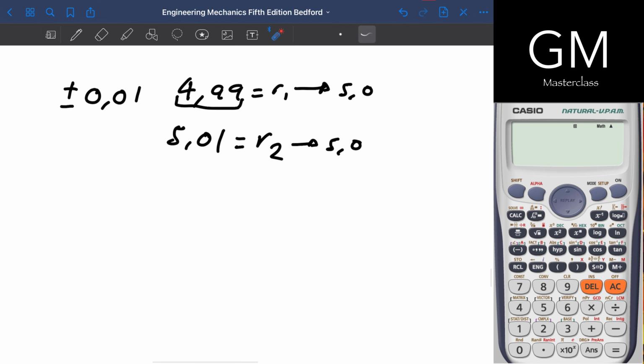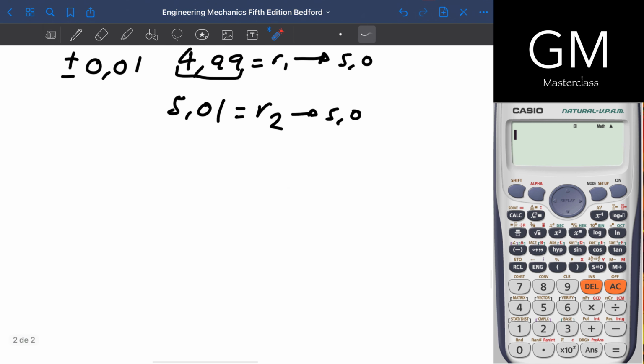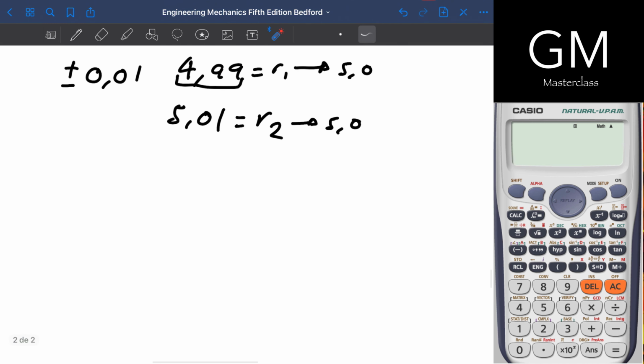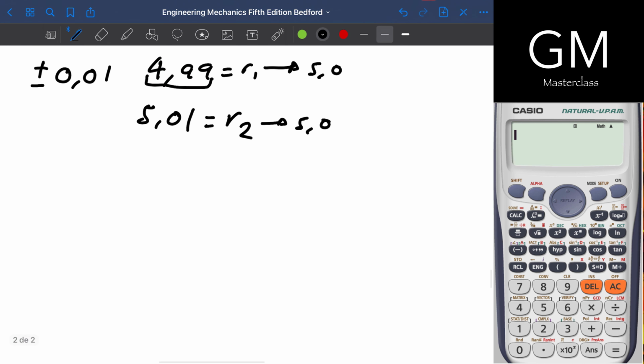But if I have a value which is between 5 to 9, then I have to round off this number to the next one. So it would be a 0 and this transforms into a 5. So that is actually the answer.